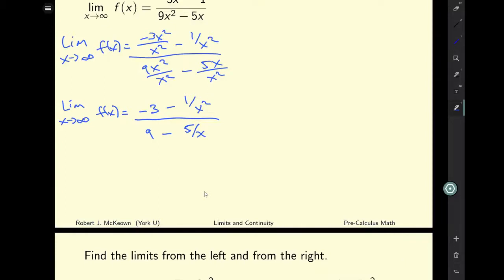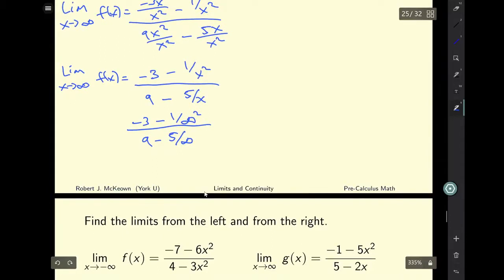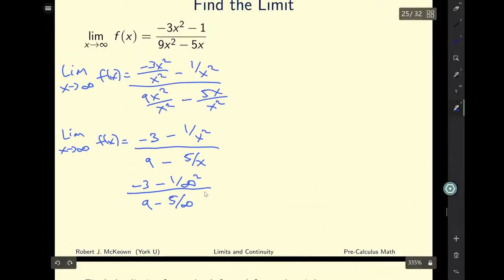Now we're ready to sub in infinity and actually take the limit of this thing as x approaches infinity. We've got negative 3 minus 1 over infinity squared, divided by 9 minus 5 divided by infinity. What's that going to be equal to?